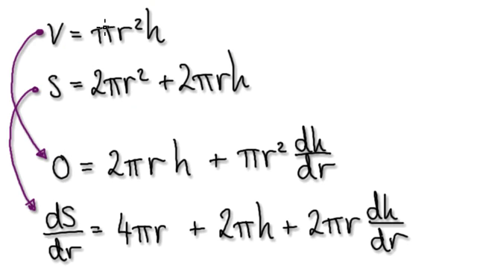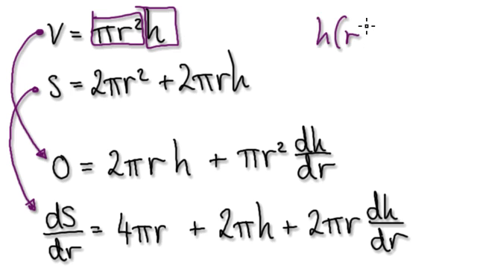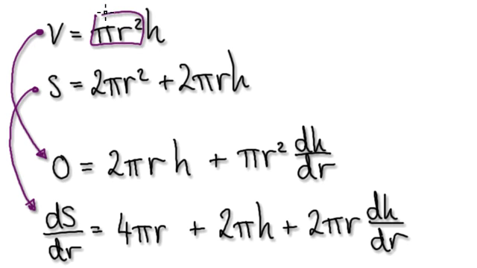Okay. Now visualize this as one block multiplying another block here. So you've got to use a product rule. Bear in mind that H is a function of R, because as you vary the radius, the height will automatically change. And here you are varying R. So when you differentiate this, the product rule is: differentiate this, leave this the same.